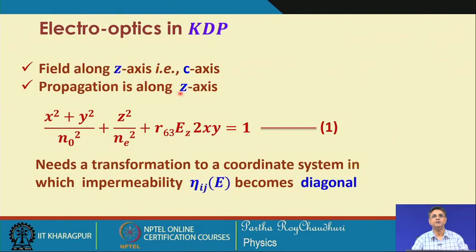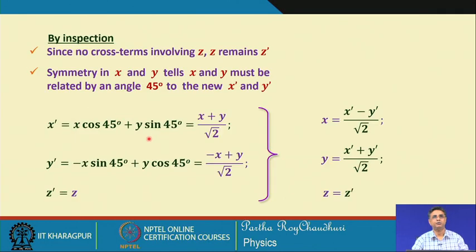Therefore, in this longitudinal mode of operation, because you have only one field E z, you retain only one cross term, and then it needs a transformation of the coordinate system to look for the principal refractive indices. So, this impermeability becomes diagonal in the system after rotation that we are looking for.